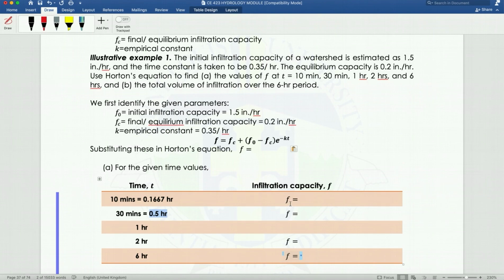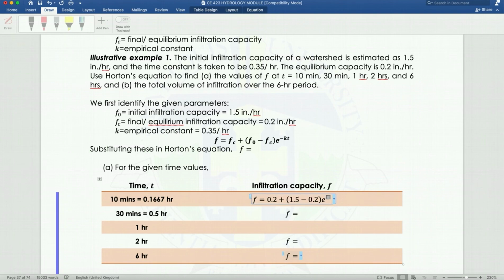So we can now write our equation. F is equivalent to 0.2 plus F naught, 1.5, minus Fc, which is 0.2, times Euler's number, e. You can simply find that in your calculator.